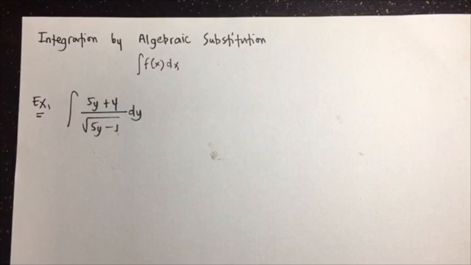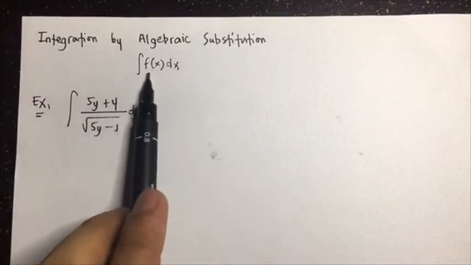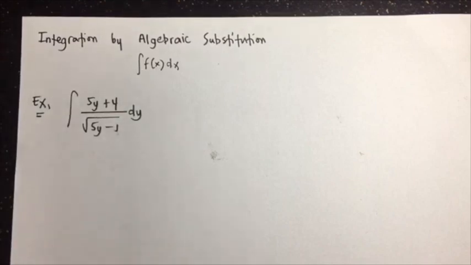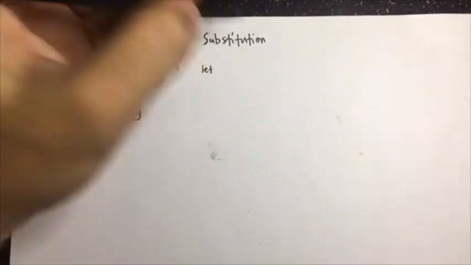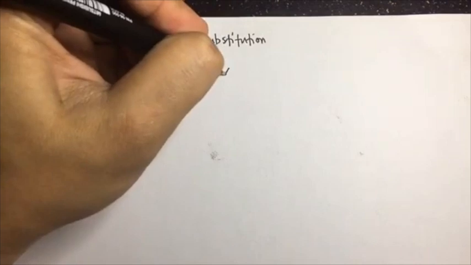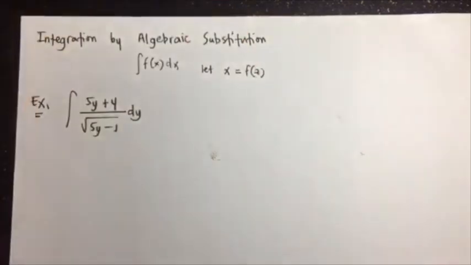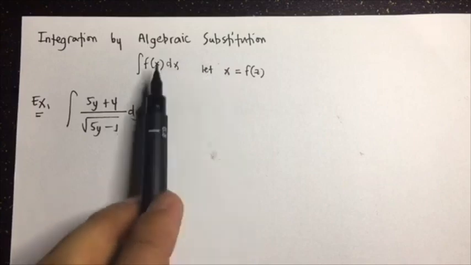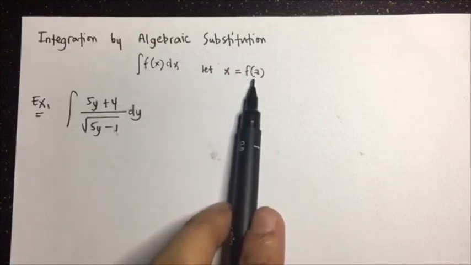In algebraic substitution, part of the function of x will be expressed in terms of a new variable, say for example, z. So let x be some function of z. Whatever part of the integrand that is, we will express that in terms of z.